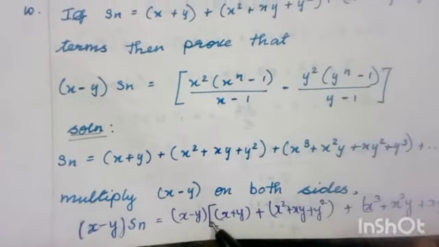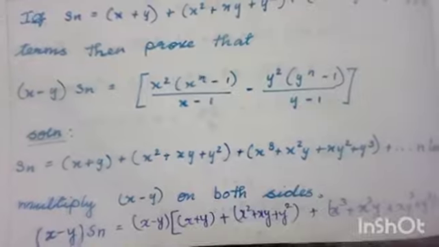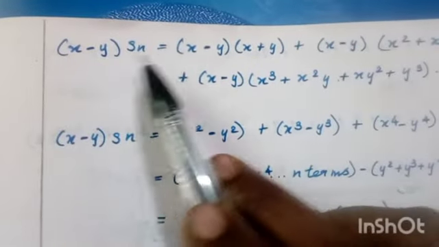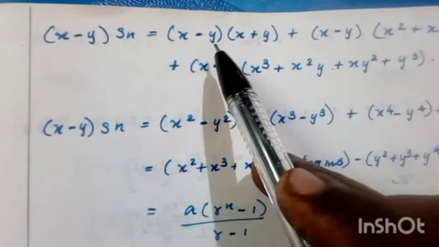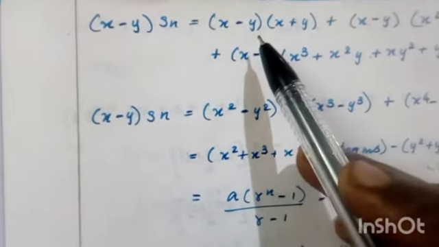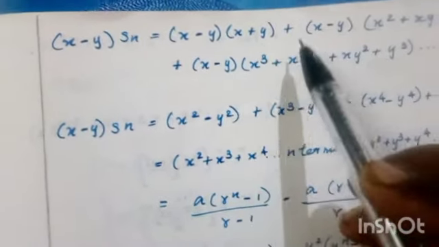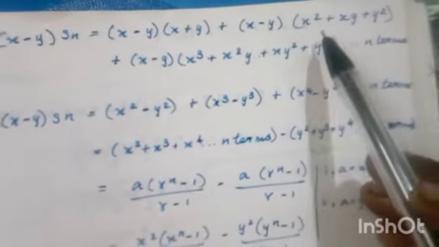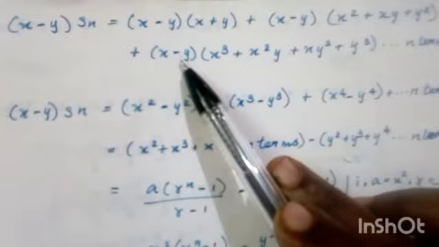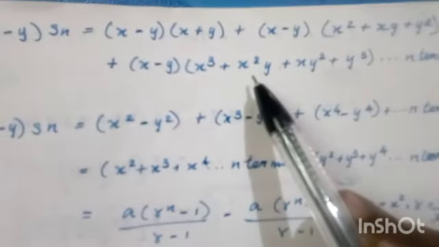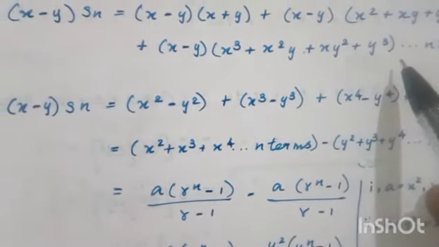On the right hand side, take x minus y inside each group. So that is x minus y into x plus y, plus x minus y into the second group, x square plus xy plus y square, then x minus y into the third group, x cube plus x square y plus xy square plus y cube, plus etcetera, to n terms.